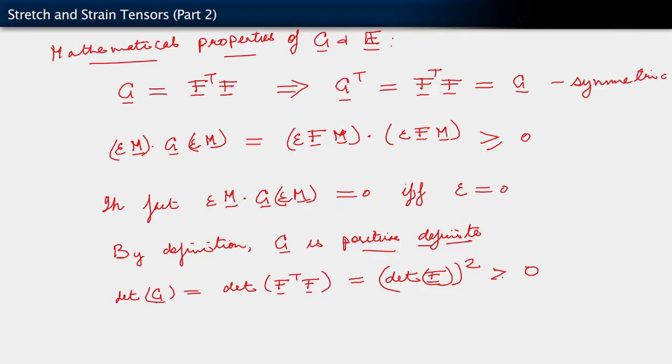One last thing. Let's consider what happens with E. Now, we've decided to define E as 1/2 C minus the isotropic tensor. We just discovered that C is symmetric. The isotropic tensor is also symmetric, right?